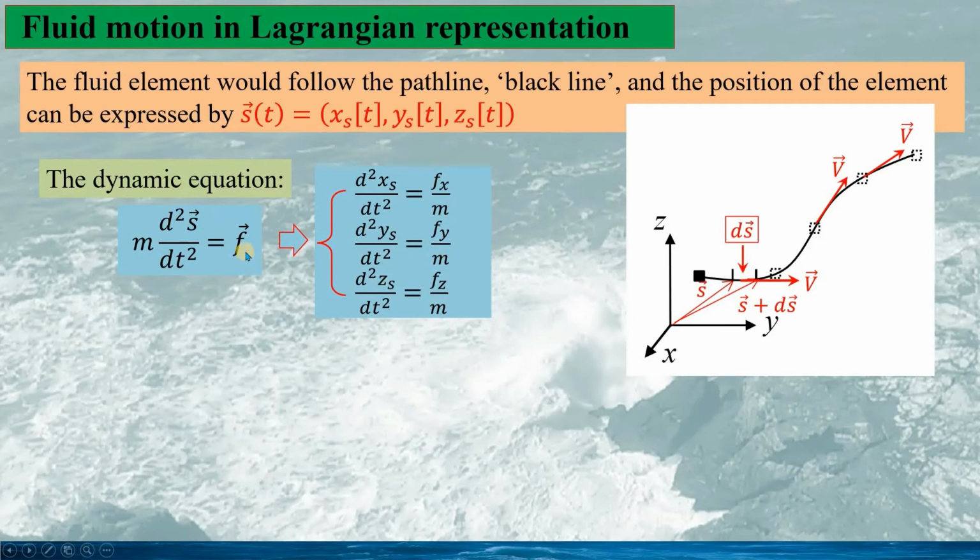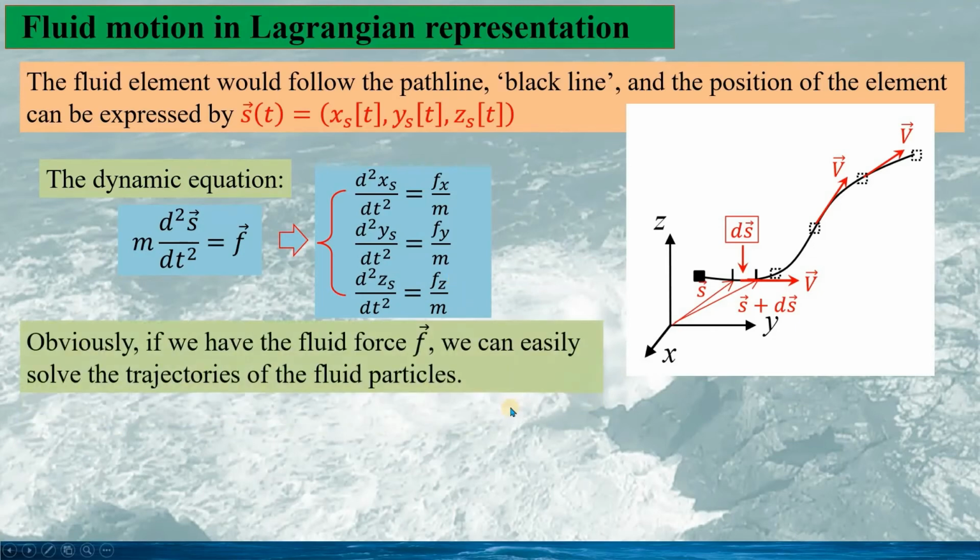Here, the force F, or the force components Fx, Fy, and Fz, are the total force acting on the fluid element. Based on Euler, the force acting on the element should include the body force and the surface force, mainly due to the fluid pressure and the fluid viscosity.